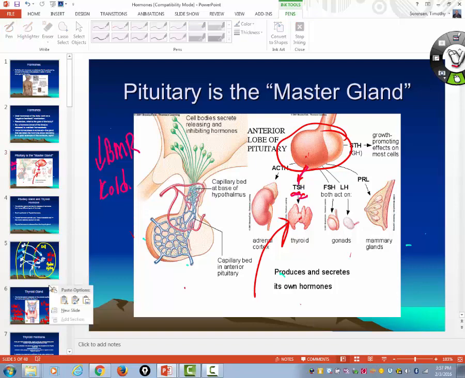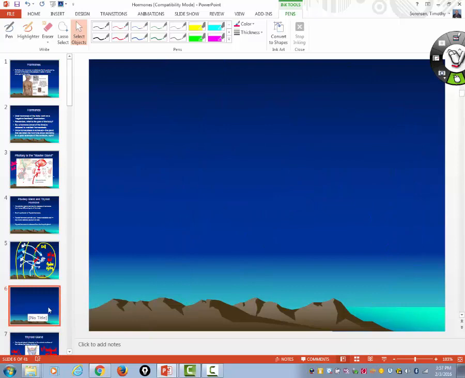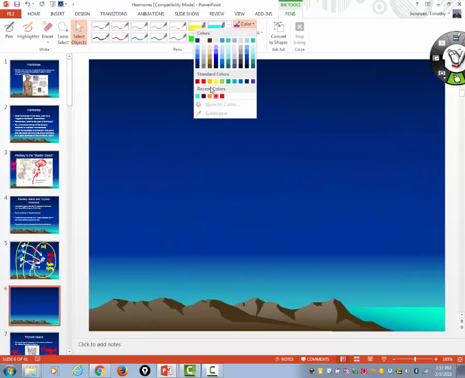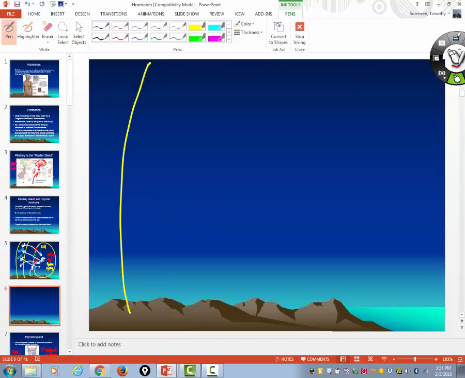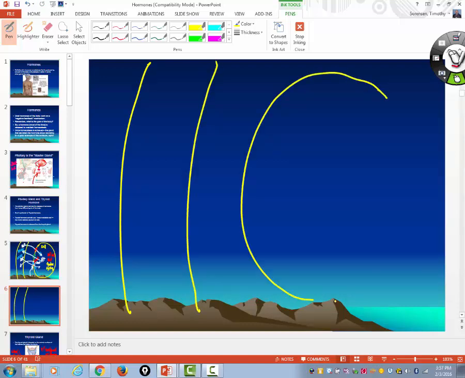And it affects the thyroid gland. It affects other tissues, but primarily the thyroid gland. And any cell that has TSH receptors is going to be affected by thyroid stimulating hormone. So you got your thyroid gland cell.